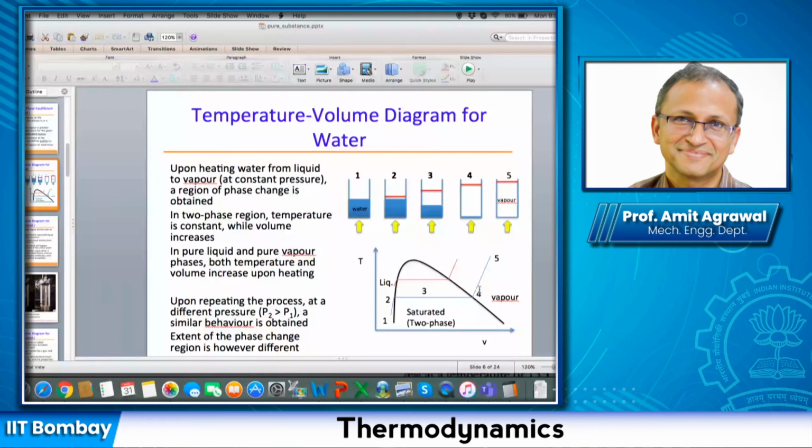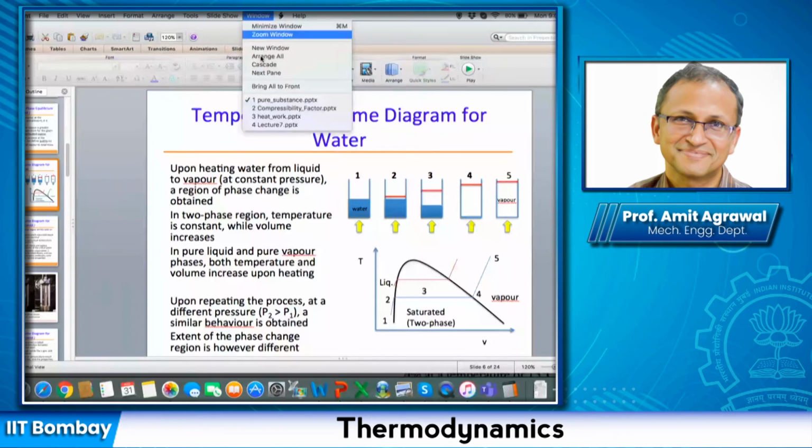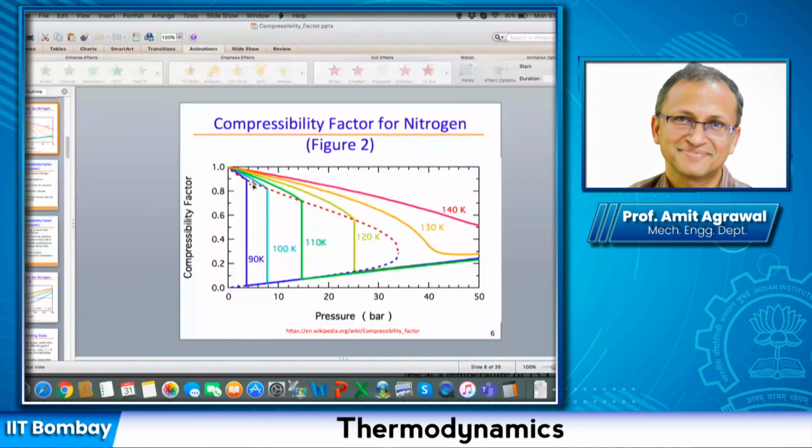So when you come to this compressibility factor also, you can see that essentially I am adding heat. Or rather, I'm removing heat in this case because I'm moving from vapor to liquid. Then I am plotting how my volume changes, and that is how I'm tracing this curve here.